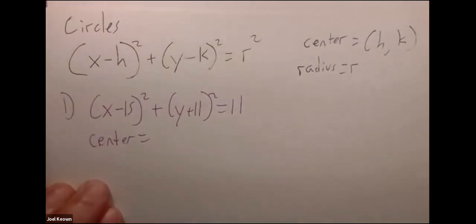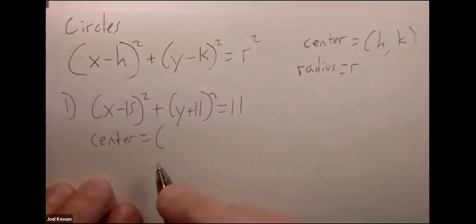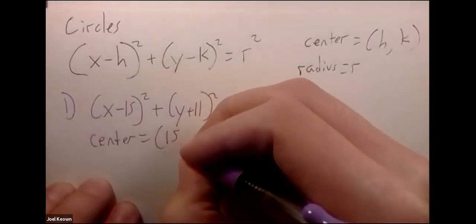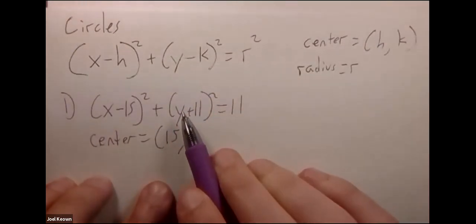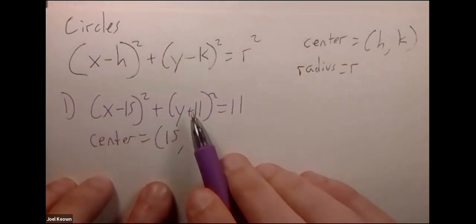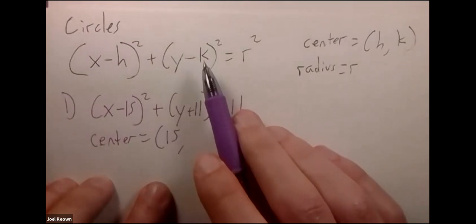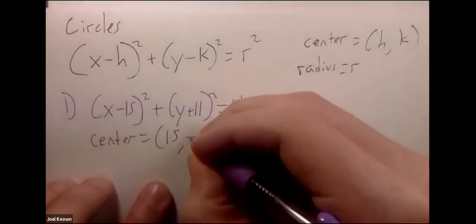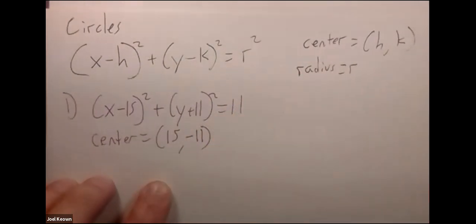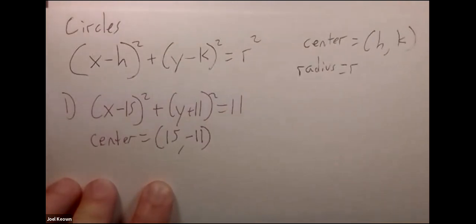So that's why we do the opposite. My x value is positive 15. Right here it says y plus 11. The only way I can get positive 11 here is if I put a negative 11 in for k. So minus 11. There's my center.